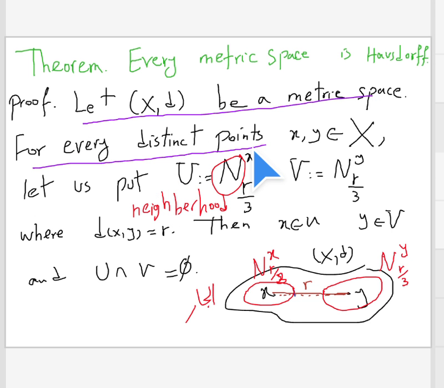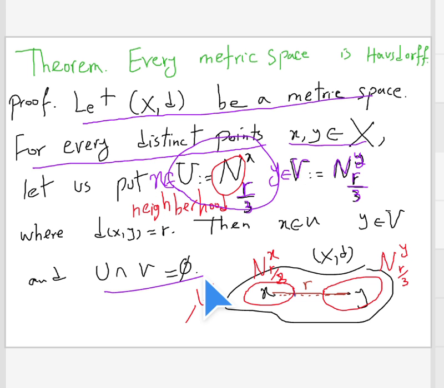For every distinct points x and y belonging to X, I put U as a neighborhood of x with radius r over 3, and V a neighborhood of y with radius r over 3. Then x belongs to U and y belongs to V, and U intersection with V is empty. Then every metric space is Hausdorff.